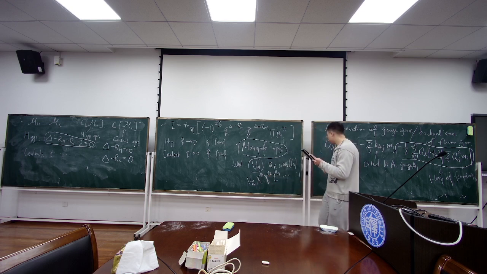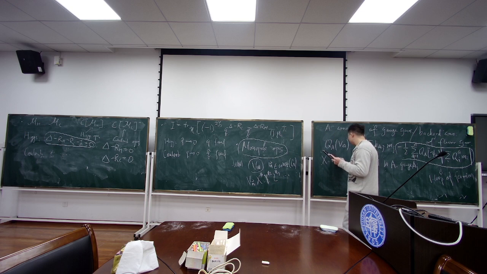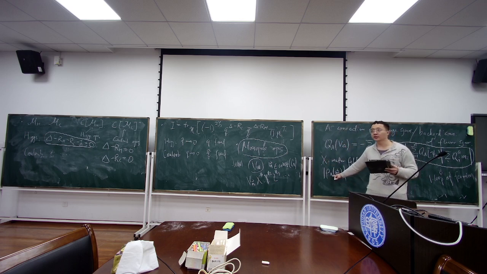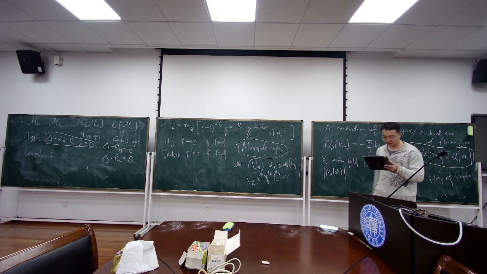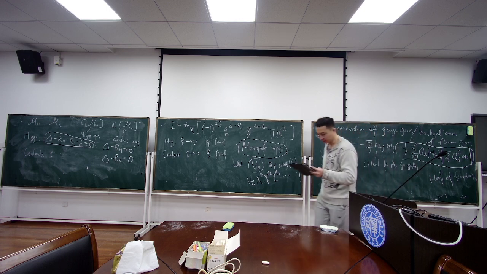And so suppose X is a matter field. The effective mass of X under the monopole charge is this. So it's the representation of X acting on the m. Okay.